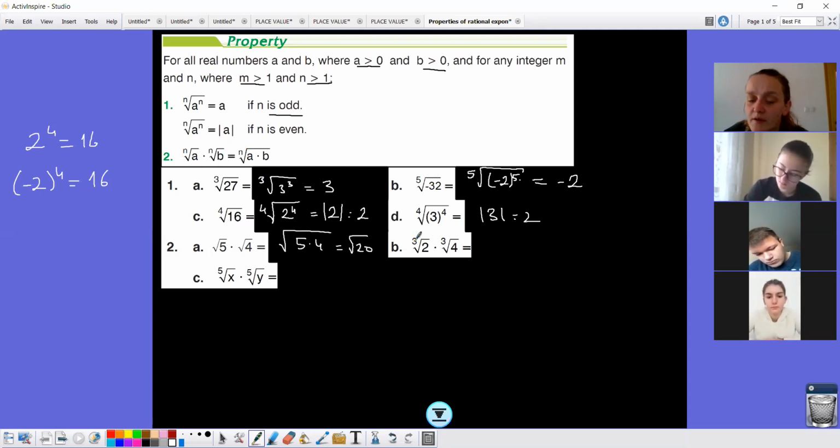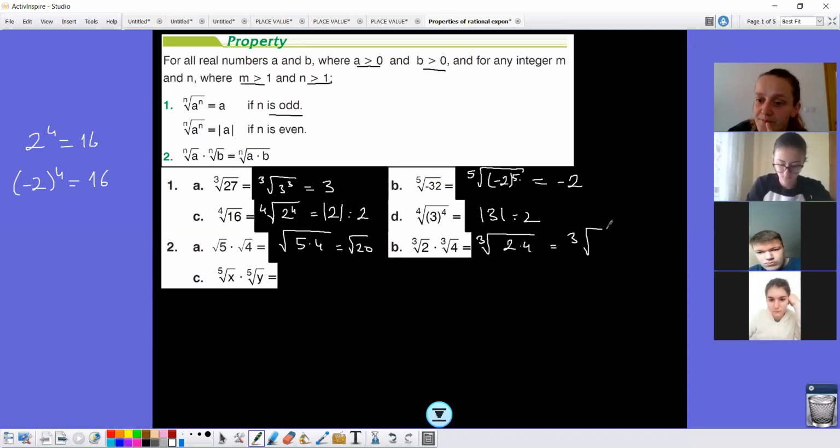What will be, Ermal, cube root of 2 times cube root of 4? Cube root of 2 times 4, which is cube root of 8. What is cube root of 8? Can I write 8 as 2 cubed? Yes.